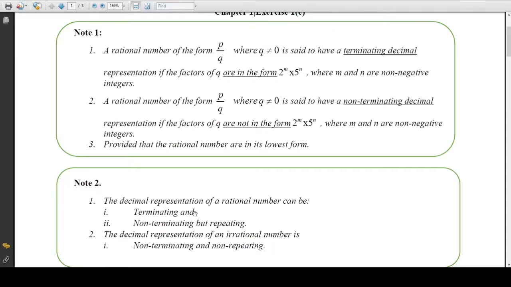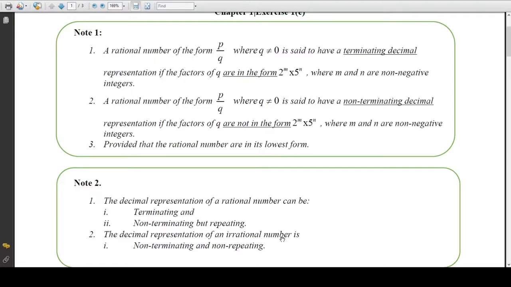If the decimal representation is non-terminating and non-repeating, it will not be a rational number, but it will be irrational.